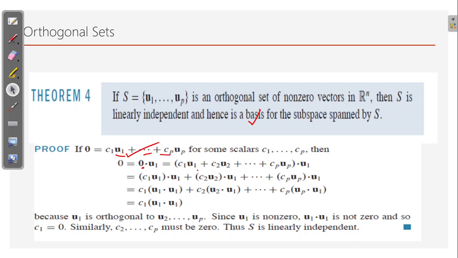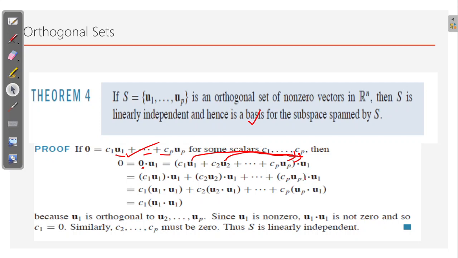So this 0 is replaced by this equation. That means c1 u1 plus c2 u2 plus etc. cp up, dot u1, equal to 0. By the property of inner product, we have c1 u1 inner product u1 plus c2 u2 inner product u1 plus etc. cp up inner product u1.